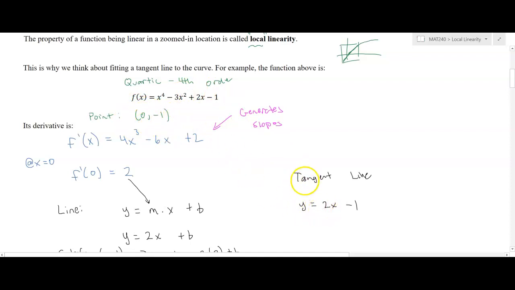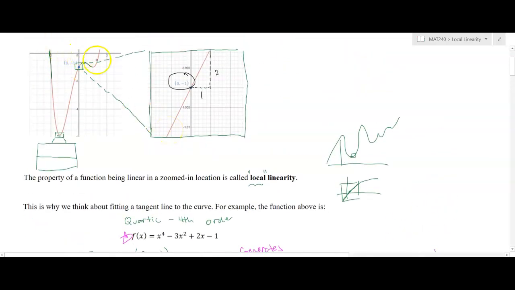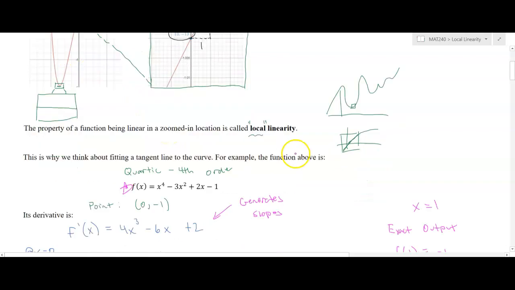But if we start to stray away from x equals 0, and let's say back up here we wanted to look at x equals 1, the exact output would be what the function would produce, which is f of x. So f of 1 would produce 1 minus 3 plus 2, which is 0, and it produces a value of -1. So that's this value here. Happens to be the same y value.